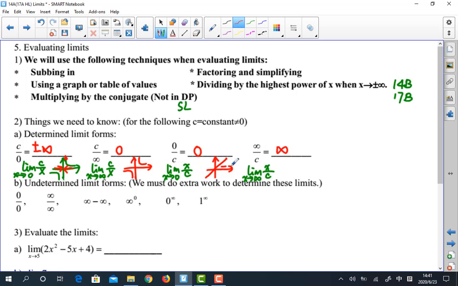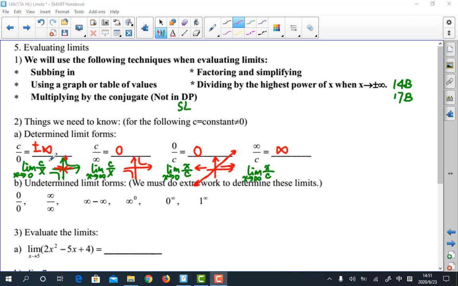Look at it. When x is approaching positive infinity, y is going to positive infinity. When x is approaching negative infinity, y is going to negative infinity. If you take c with a negative value, you still can find 0 for 0 over c, infinity for infinity over c as well.